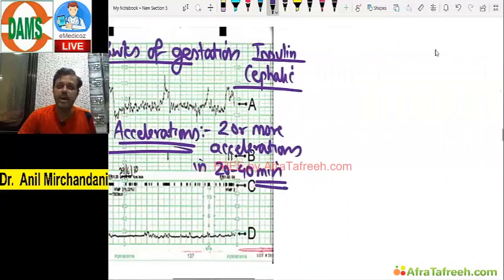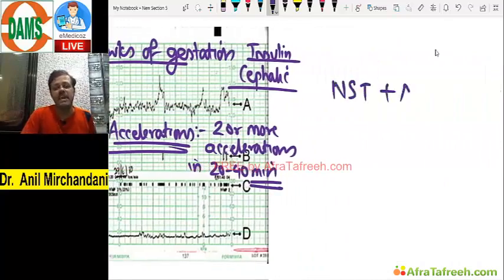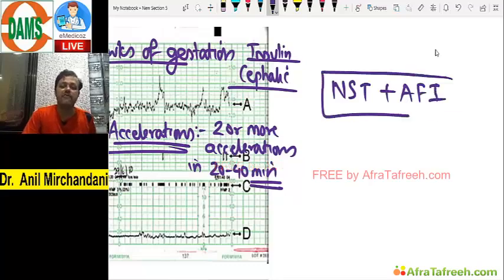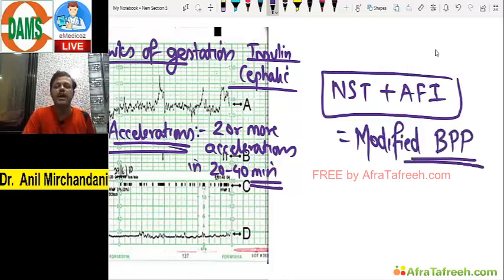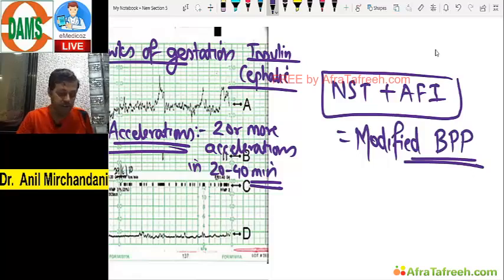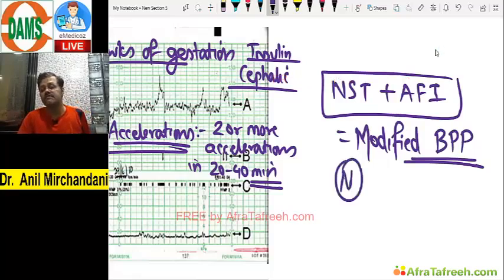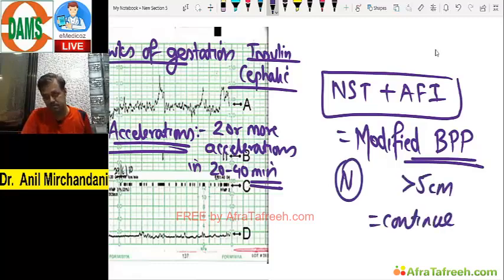This is one way of knowing whether the baby is healthy or not. If I combine NST plus AFI, what have I made it? I have made it a modified biophysical profile. If both components are normal, NST is normal, AFI is more than 5 centimeters, continue pregnancy.